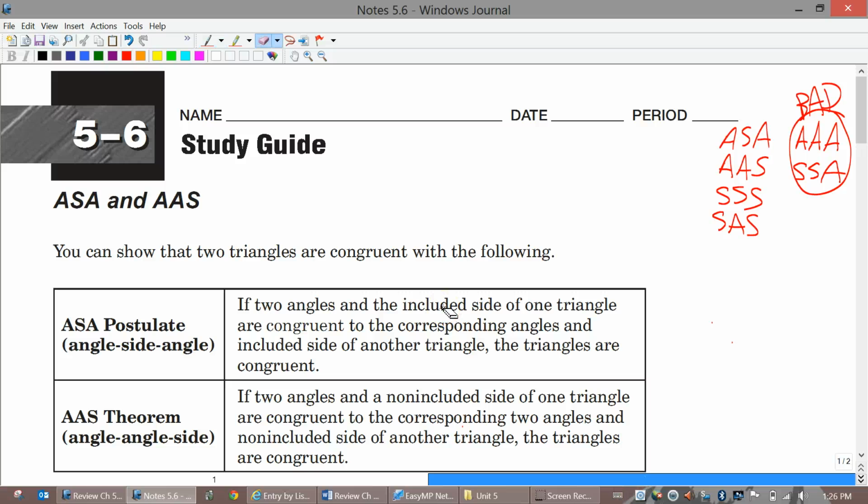Okay, more specific on ASA. ASA means if two triangles have two corresponding, you know what? It's written right there.